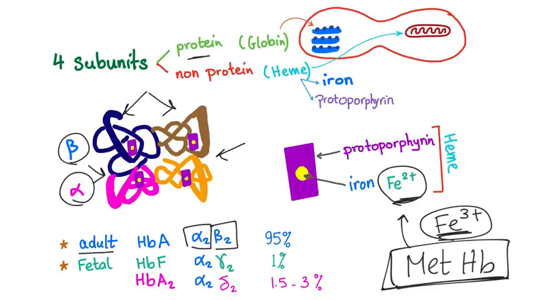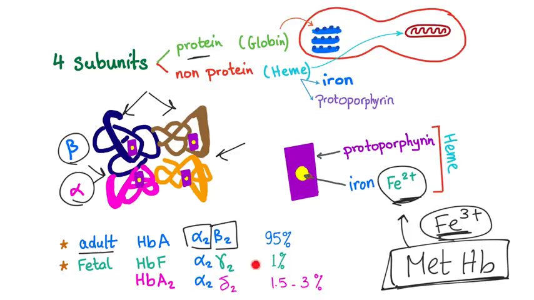But in adults, it only contains or constitutes 1% of the total hemoglobin. Also, we have something called hemoglobin A2, alpha 2, delta 2. And it forms 1.5 to 3% of the adult hemoglobin.